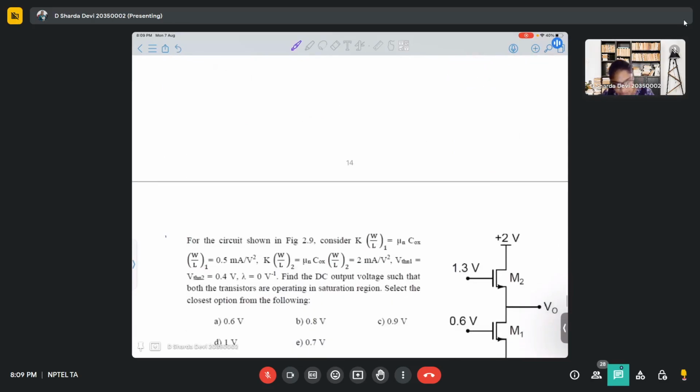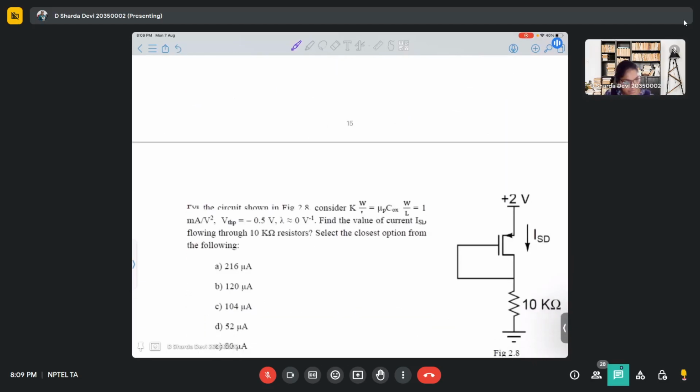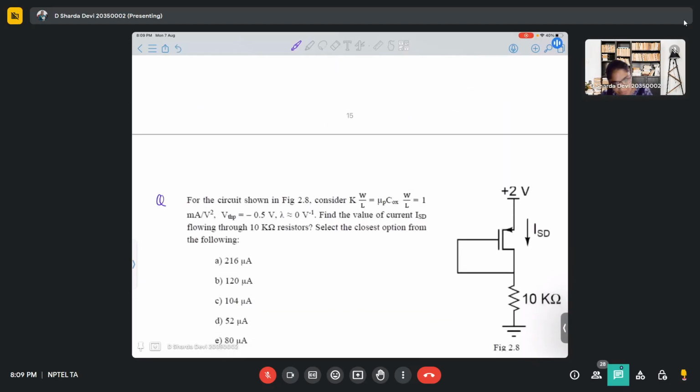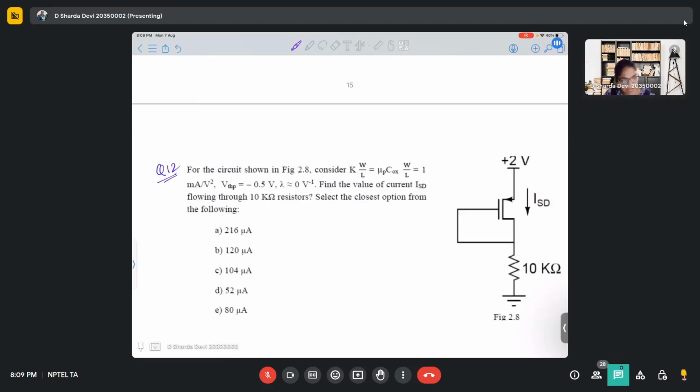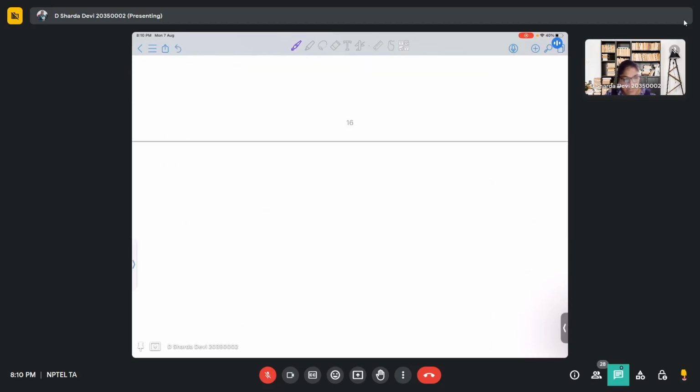And question number 11. So I guess there is another, question 12. Question number 12 is similar to the questions that we did earlier. It is the current that flows through the transistor that needs to be found out.